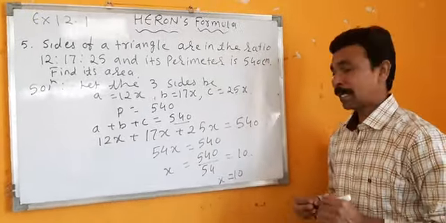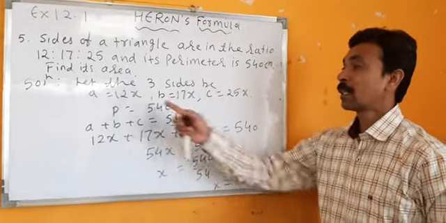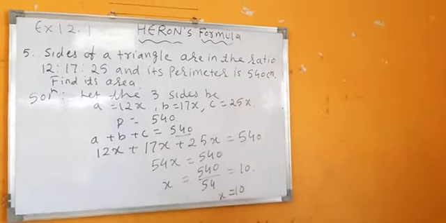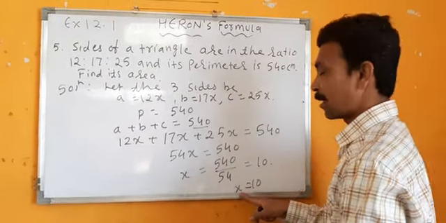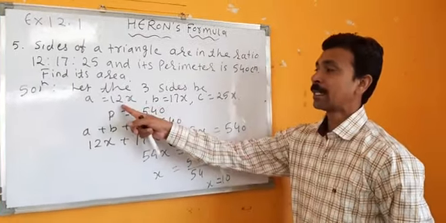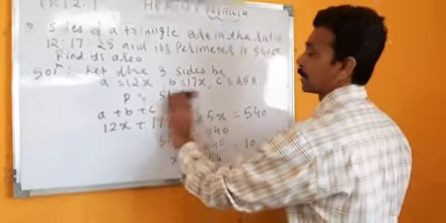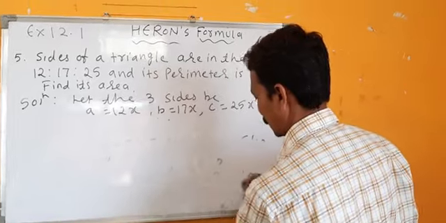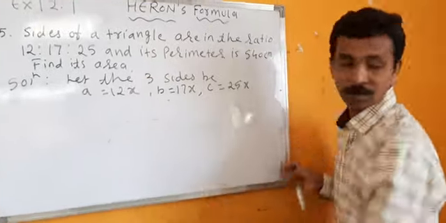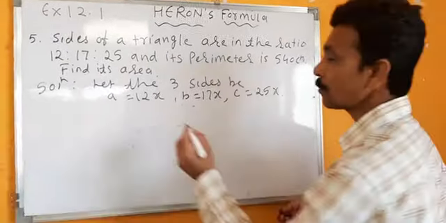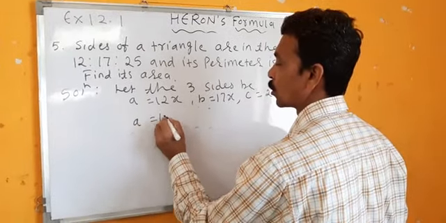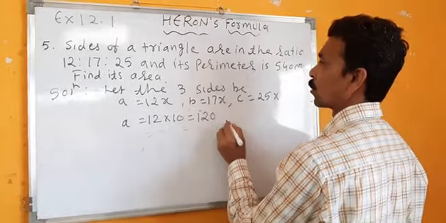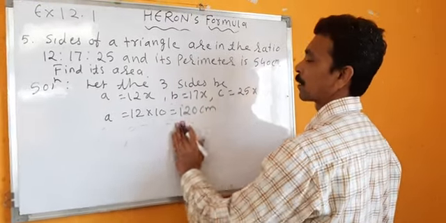But this is not the end. This is just the value of x. Now we have to find A, B and C. Now what I will do? I will place the value of x is equal to 10 in A, B and C. A is equal to 12x means 12 into 10 is equal to 120 centimeter.